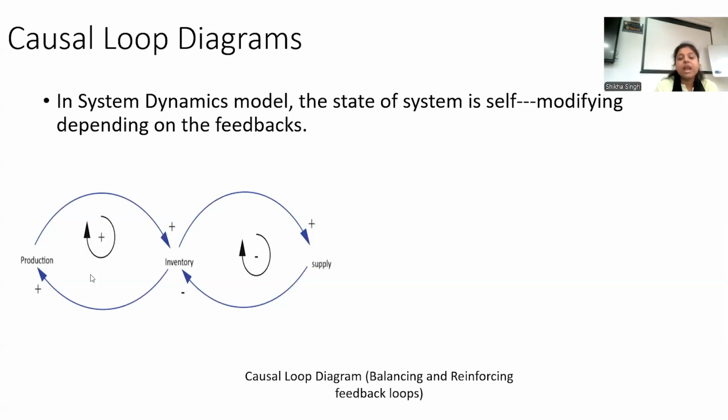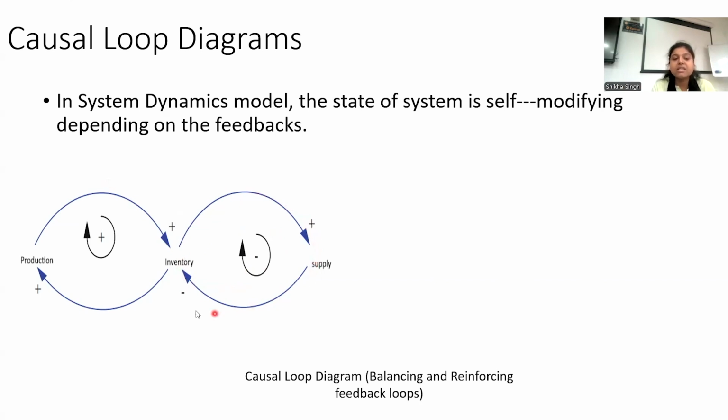The reinforcing and balancing, both the loops are here. You see production, inventory and supply. These three are the variables. The production inventory cycle is a positive cycle, or you can say the positive feedback loop, or you can say the reinforcing feedback loop. On the right hand side, if you see, this is particularly talking about the balancing loop, right? And in this particular balancing loop, you see, if inventory is increasing, supply will be increasing.